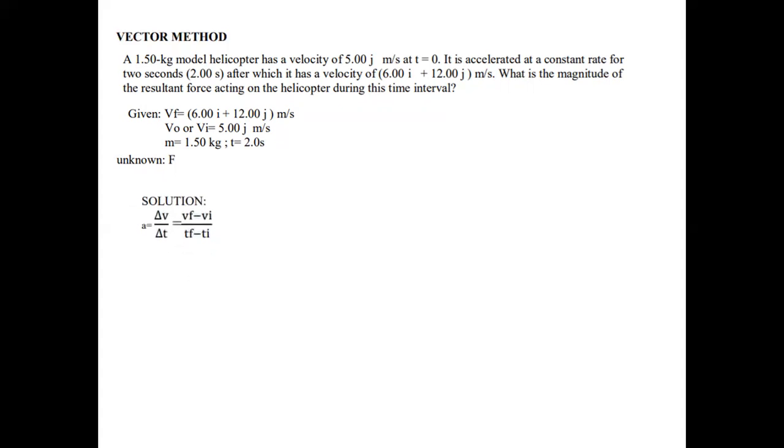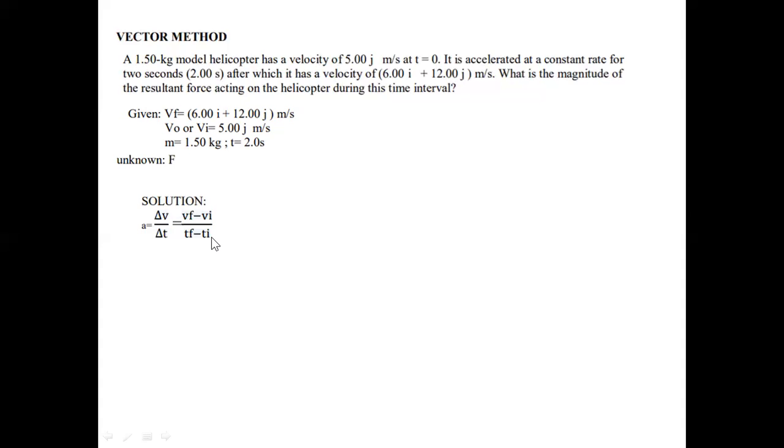If we're going to proceed with our solution, let's solve for the acceleration first. Remember, acceleration is equal to the change in velocity per change in time, or final velocity minus initial velocity all over final time minus initial time.